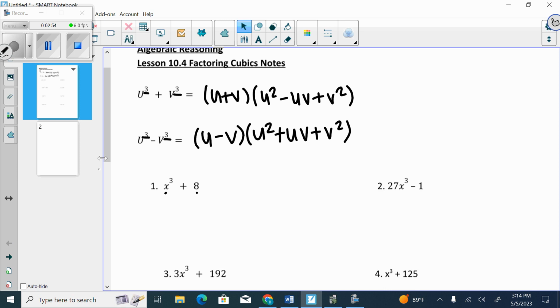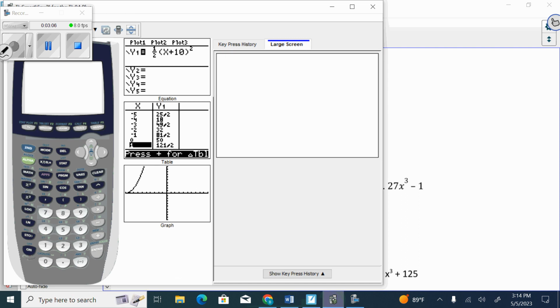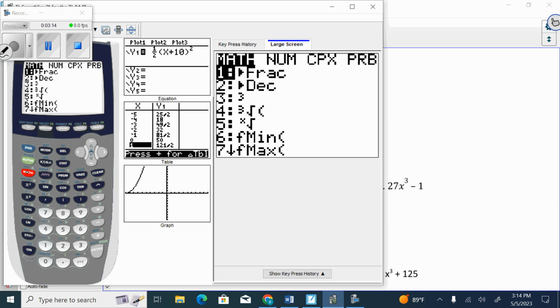So I have to ask myself, what to the 3rd power would give me 8? We may or may not know off the top of our head, but our calculator will do it for us. So if you will grab your calculator, you're going to press the button that says math. And it brings up a list over here.